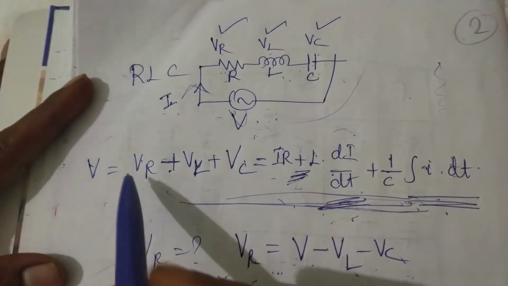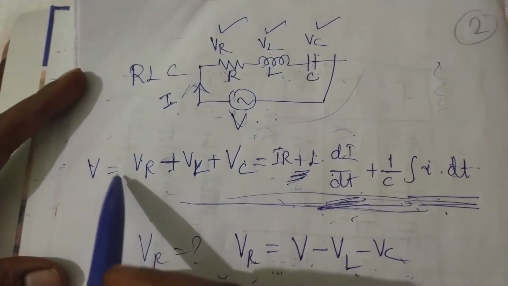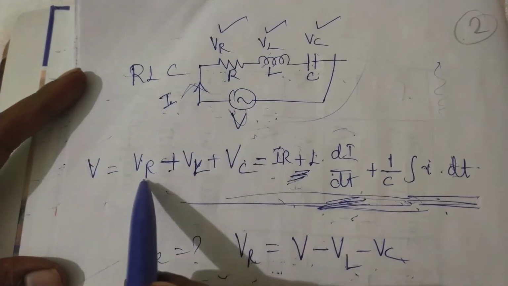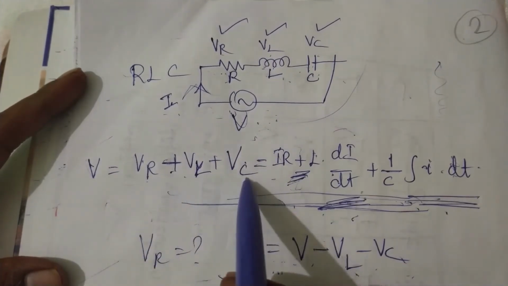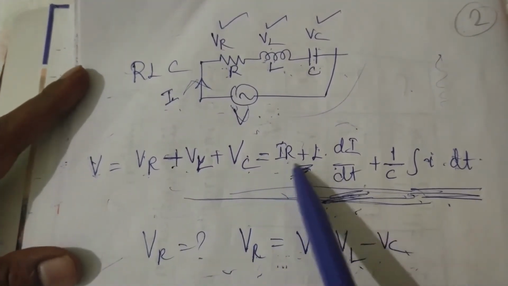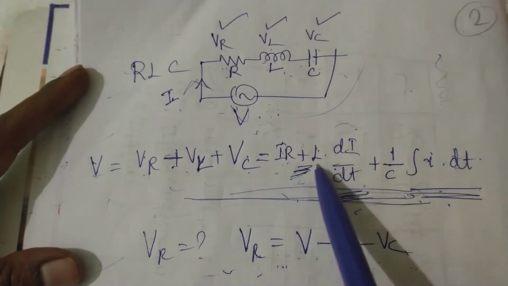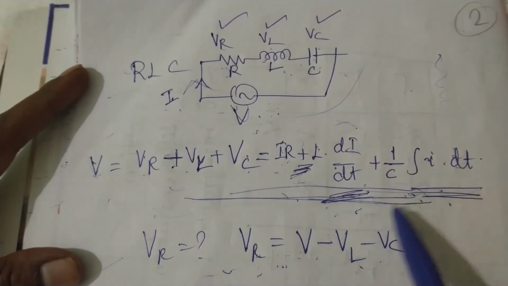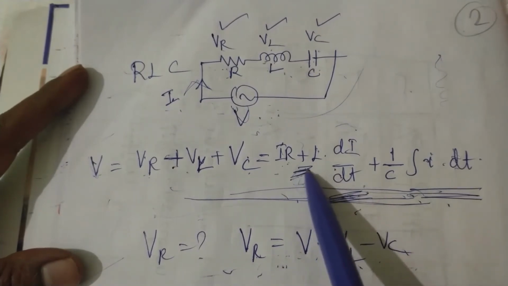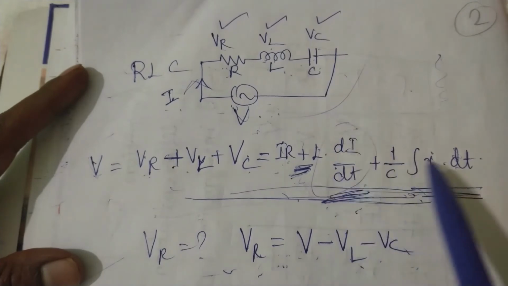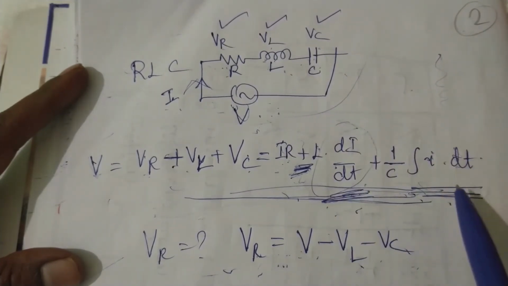The total voltage is applied across all elements, so according to KVL we can write the supply voltage V equals V R plus V L plus V C. In terms of current, this is I R plus L into di by dt plus 1 by C into integral I dt. Here the summation approach, differentiation and integration are all present.